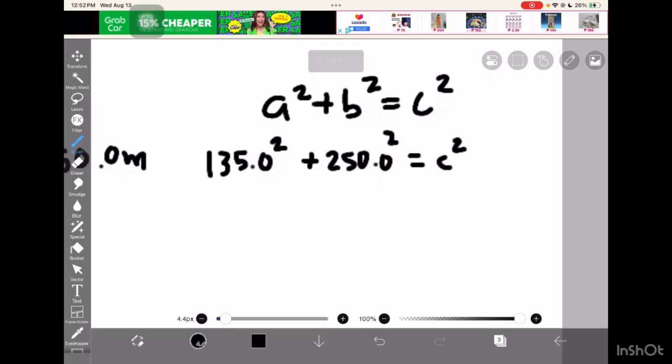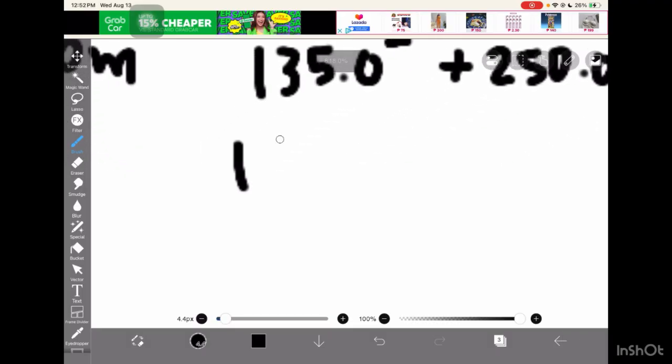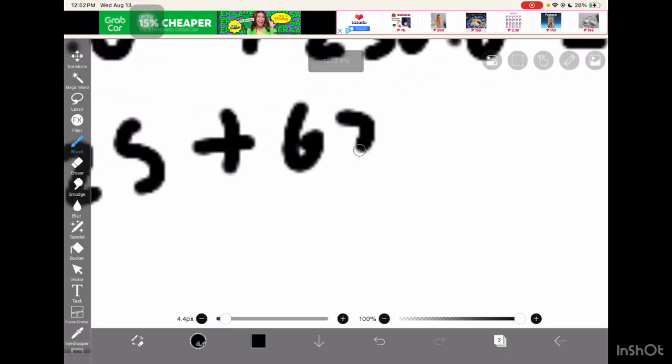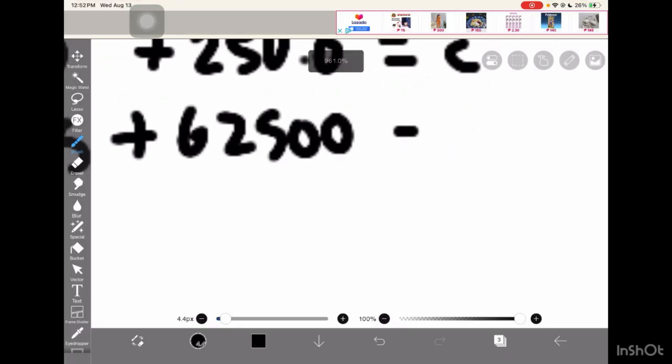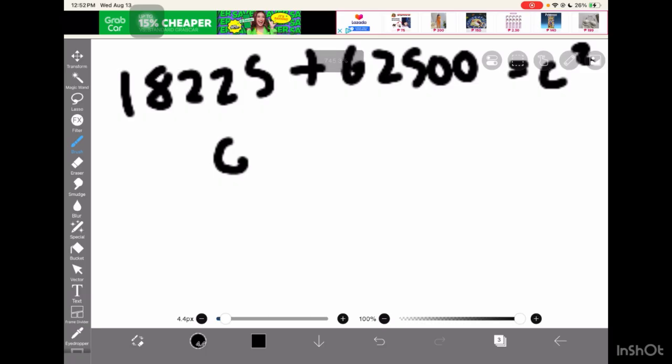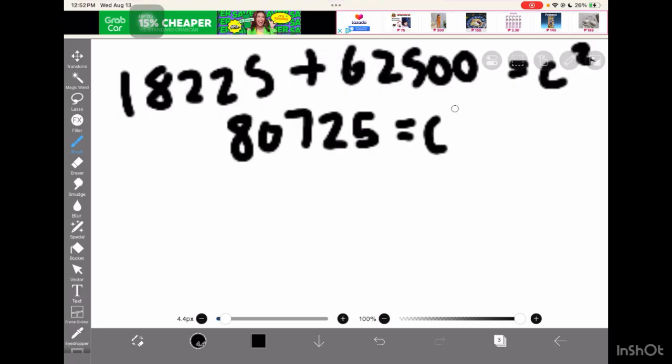So let's do that. 135.0 squared, that is 18,225, plus 250 squared, that's equal to 62,500, is equal to c squared. Add both these values up. 80,725 is equal to c squared.